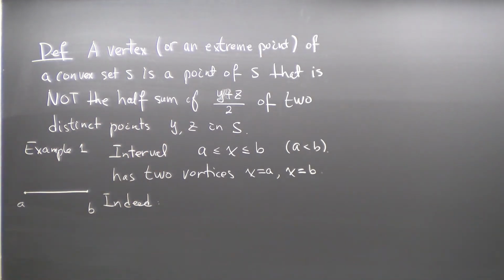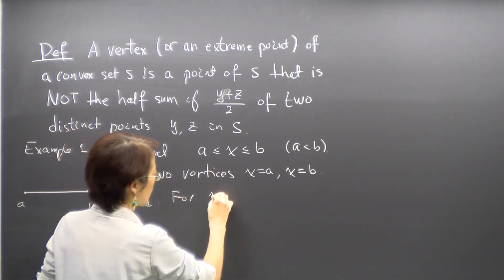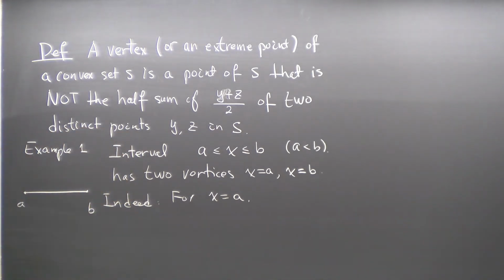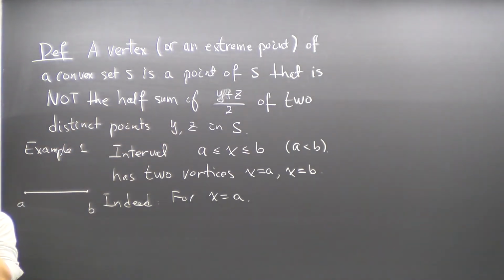So let's prove it for x equals a, where x equals b will be totally similar. If you can prove that, the other is symmetric, right? So how do you show that? The definition says it is a vertex if you cannot do it like this. So I can show the following, which will be equivalent.